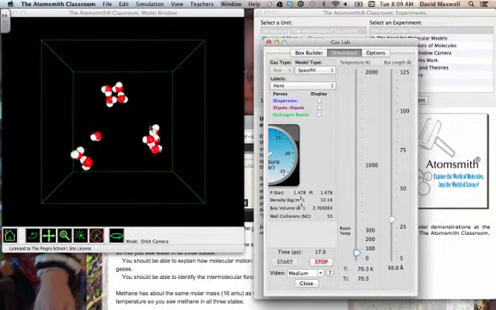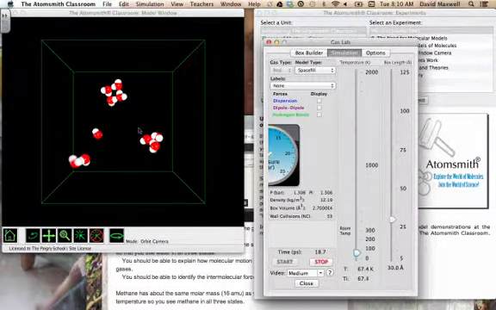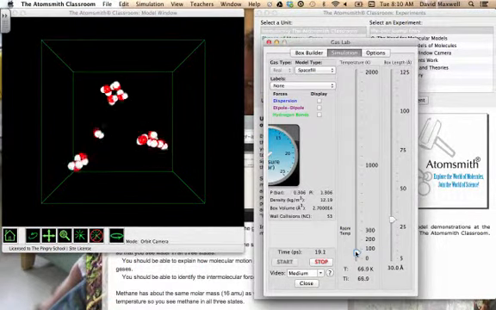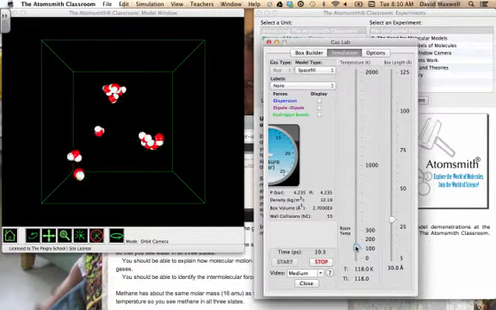These guys are starting to form a nice crystalline structure. These guys are forming a little crystalline structure. Let's heat it up a little bit to get them to move closer together a little bit more. Hopefully we can get them to bounce around.